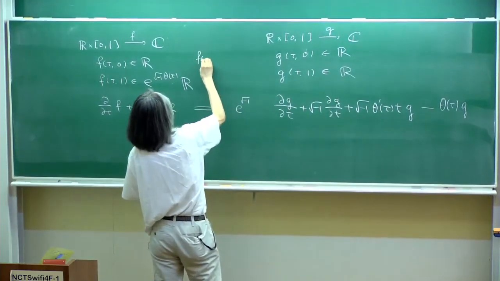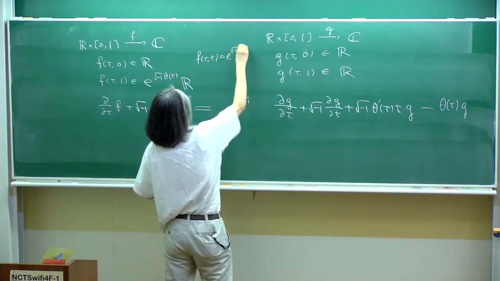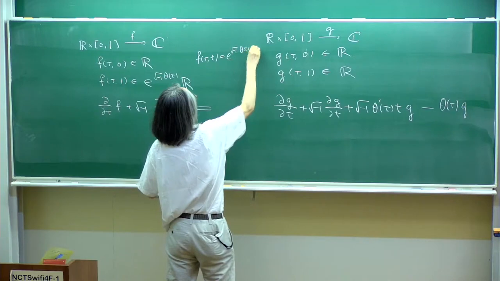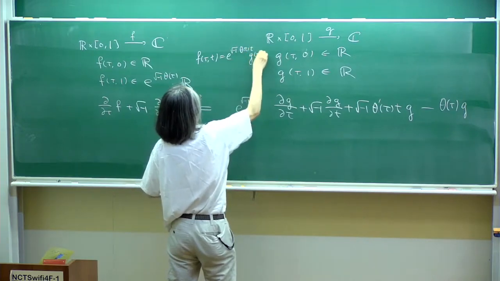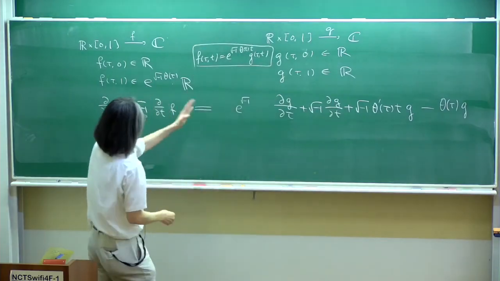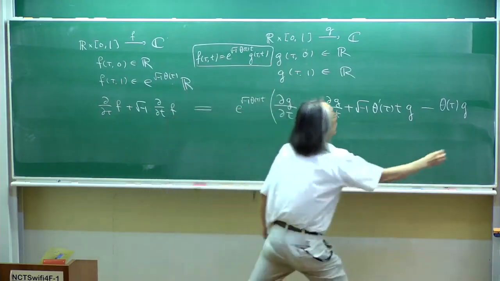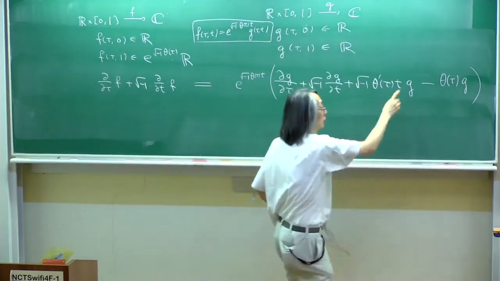If I write f of tau t equal to e to the square root of minus 1 theta of tau t times g, and I relate them by this, then this corresponds to something like this. Therefore I have a minus sign here.